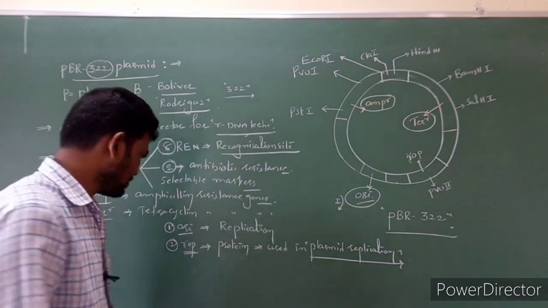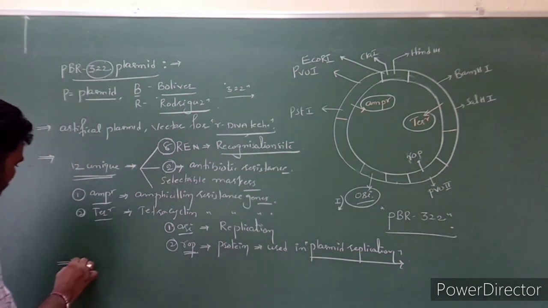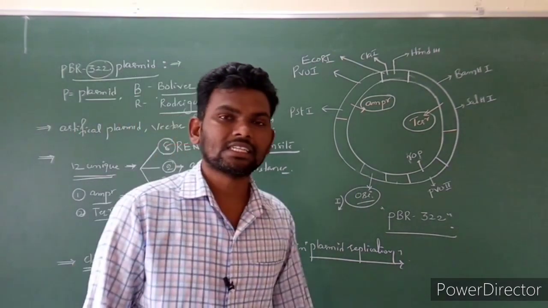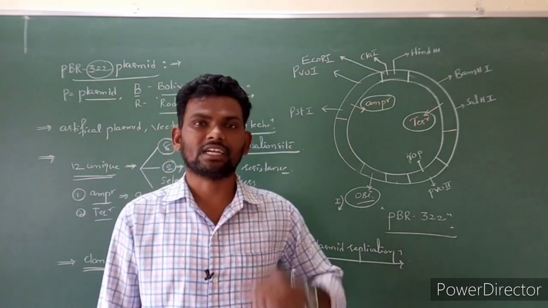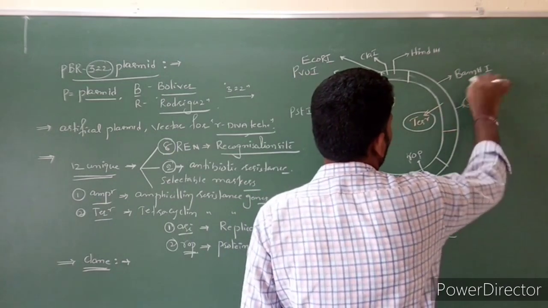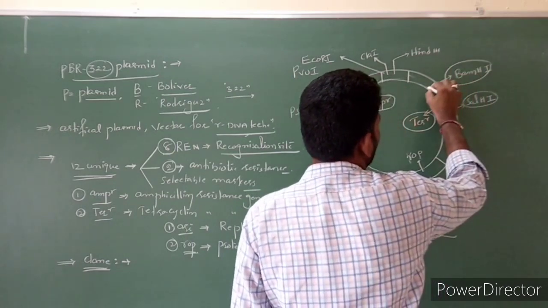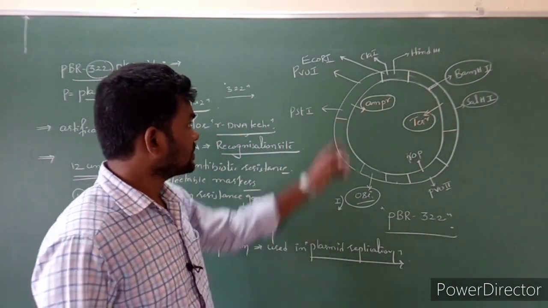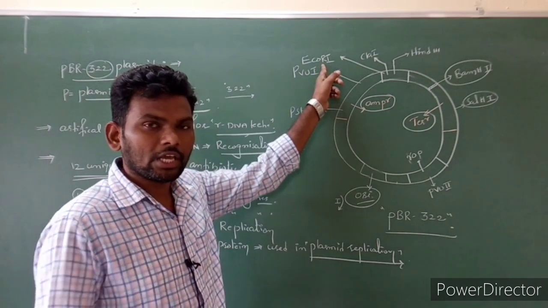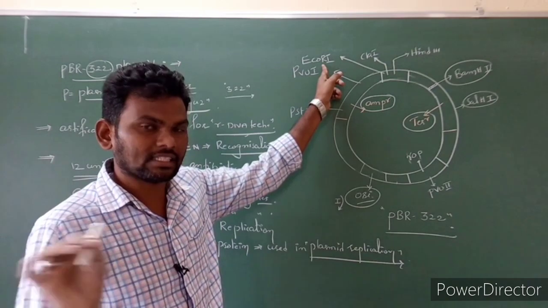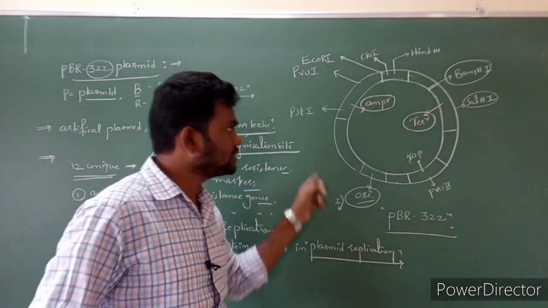Next, the question is where we have to clone. What is the cloning site? Here the cloning site is always a recognition site. For example, this enzyme is going to recognize one special sequence, like EcoRI. EcoRI recognizes one special sequence, GAATTC. No other enzymes are going to recognize it.